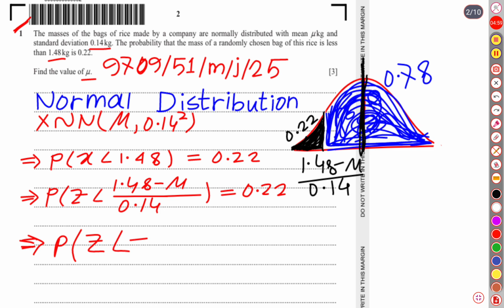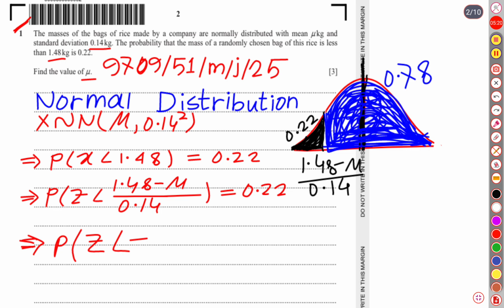Well, then we have already decided the direction of the z-score, which is negative. It is lying on the left of the mid value, or 0, so it is negative. But now we will have to find the corresponding z-score when the probability is 0.22.